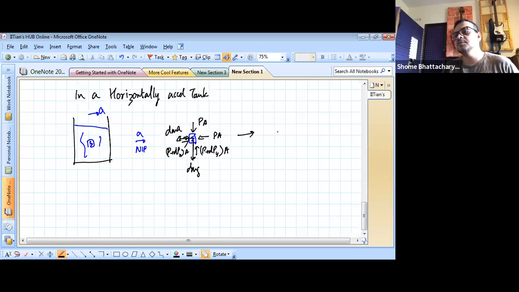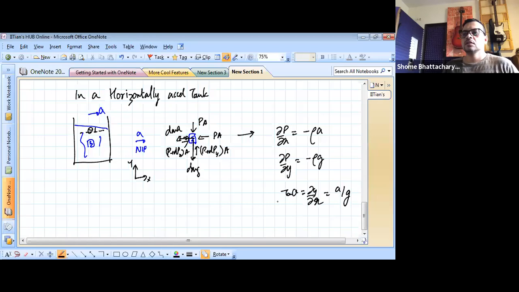So this diagram actually shows you that the horizontal pressure gradient is minus rho a if the acceleration is along the x-axis, and the vertical pressure gradient is minus rho g if the y-axis is anti-gravity, like this. So because of that, the surface is inclined like this. Tan theta becomes dy by dx, or a by g. Okay, so this kind of thing.